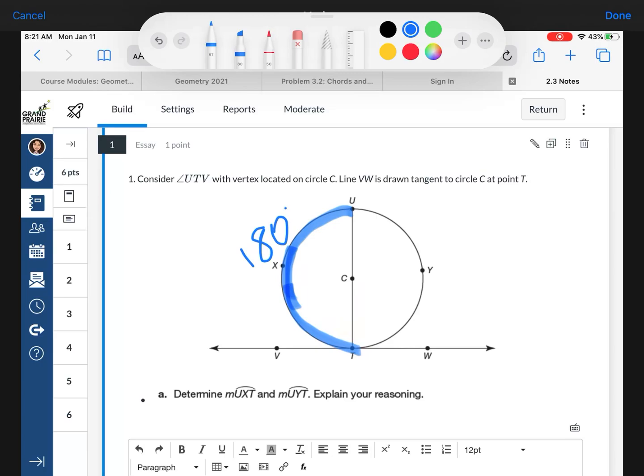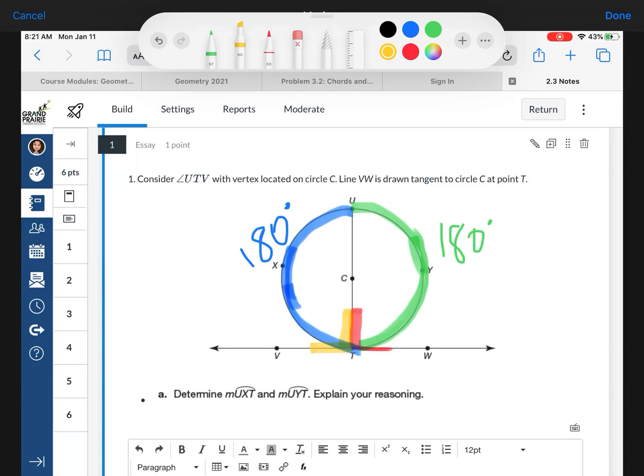And then this arc over here measures also 180 degrees. And they're asking for these angles right here, this angle and this angle. Let's do it in red so you can see the difference. So they want us to find out the measure of those two red and yellow angles.